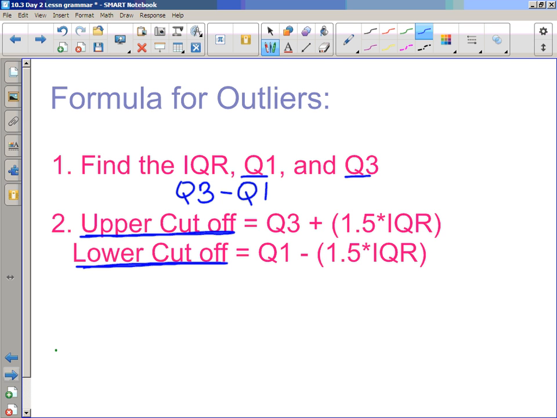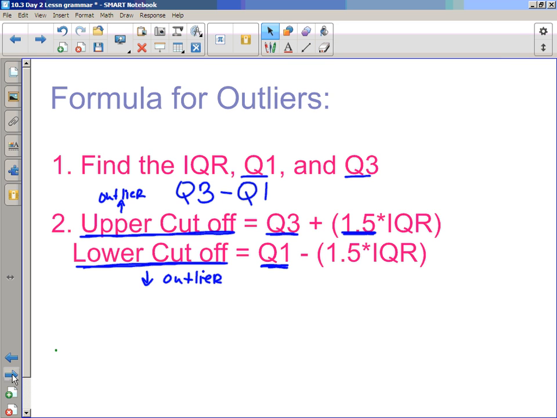If I found Q3 and my IQR, I multiply my IQR first by 1.5, and then add it to my Q3, and that gives us the upper cutoff. The lower cutoff has to do with Q1. I take my Q1, and again, 1.5 times the IQR, I subtract it from my Q1, and I get my lower cutoff. So any number below the lower cutoff is an outlier, and any number above the upper cutoff is an outlier.